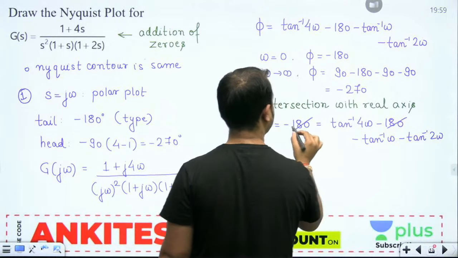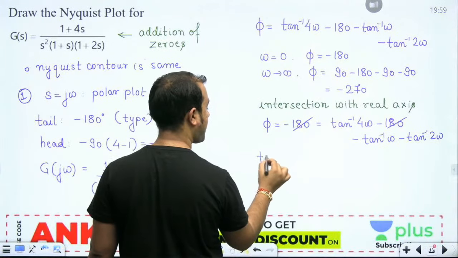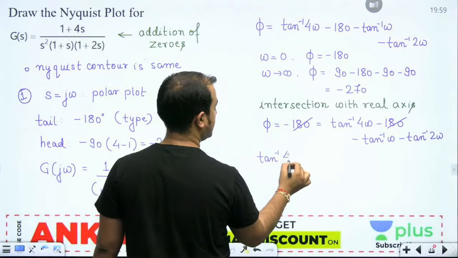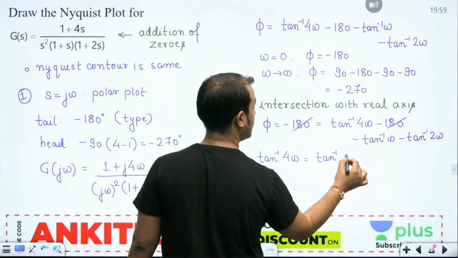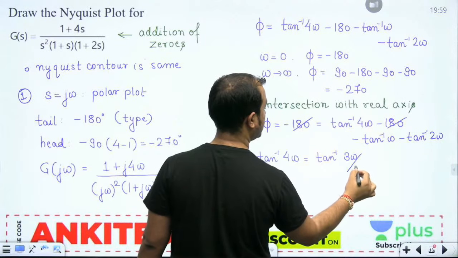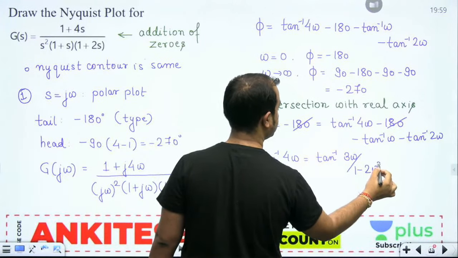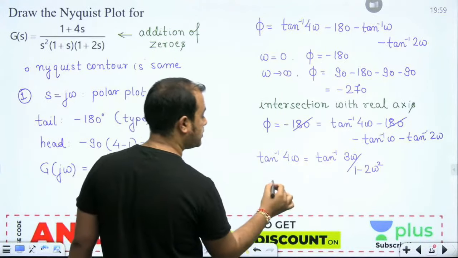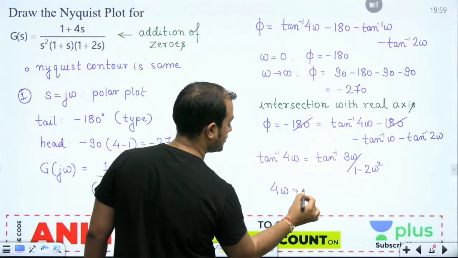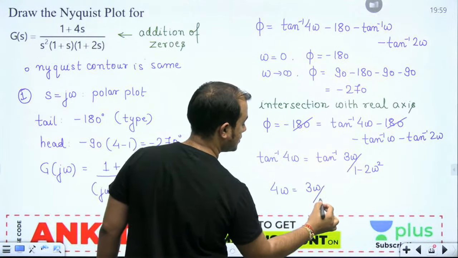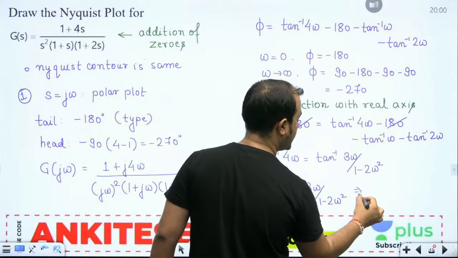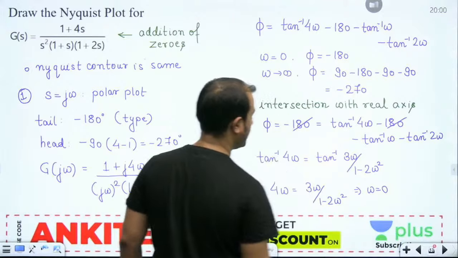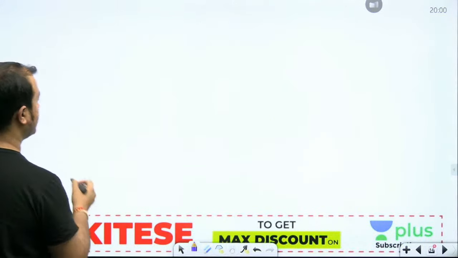Okay. This gets cancelled. Tan inverse 3 omega. Now, when you equate both the things, you get one solution as omega equal to 0. But what about the other one?